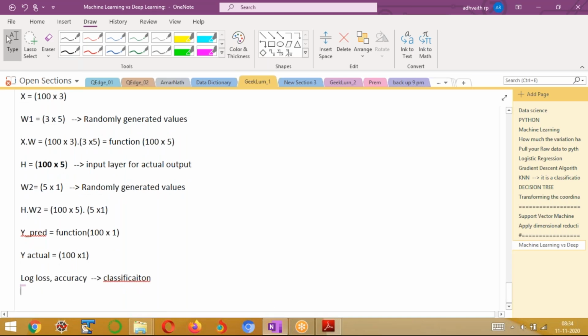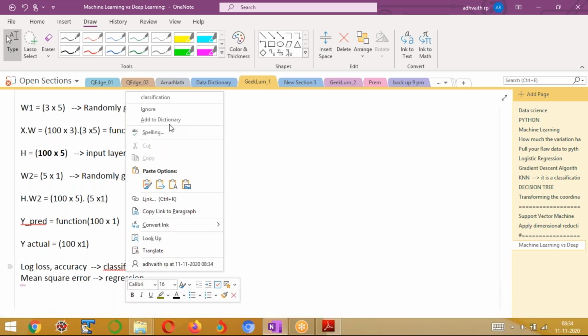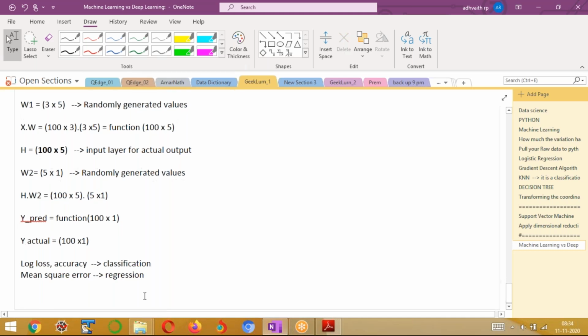If I am taking regression, mean square error. Forgotten or what? If you give a gap between your deep learning and supervised learning, and we covered unsupervised learning in between, you should not forget again.